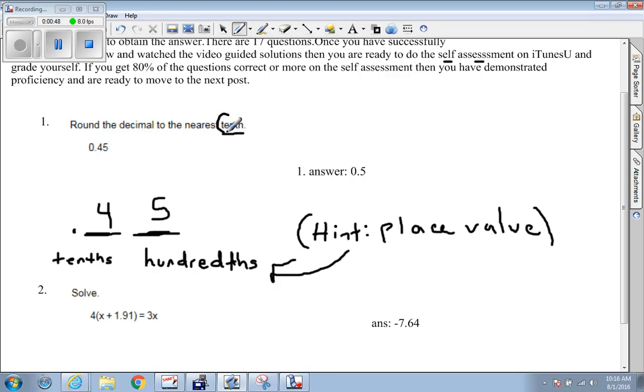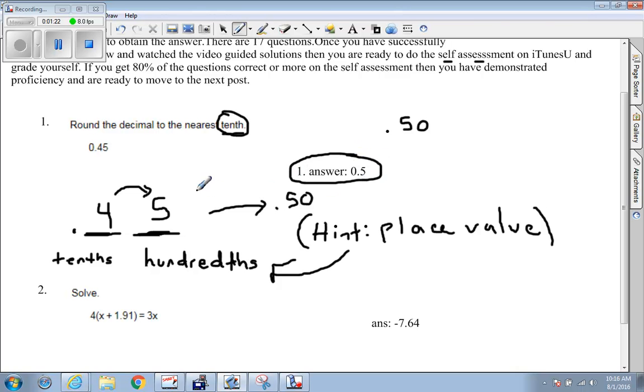So if I need to round to the nearest tenth, I go to the tenths spot, look next to it, and remember if this number is 5 or higher, which it is, then this is going to round up. So long story short, it goes up to 0.5, and then you follow behind it with the 0. So you can say 0.50, but 0.50 means the same thing as 0.5.